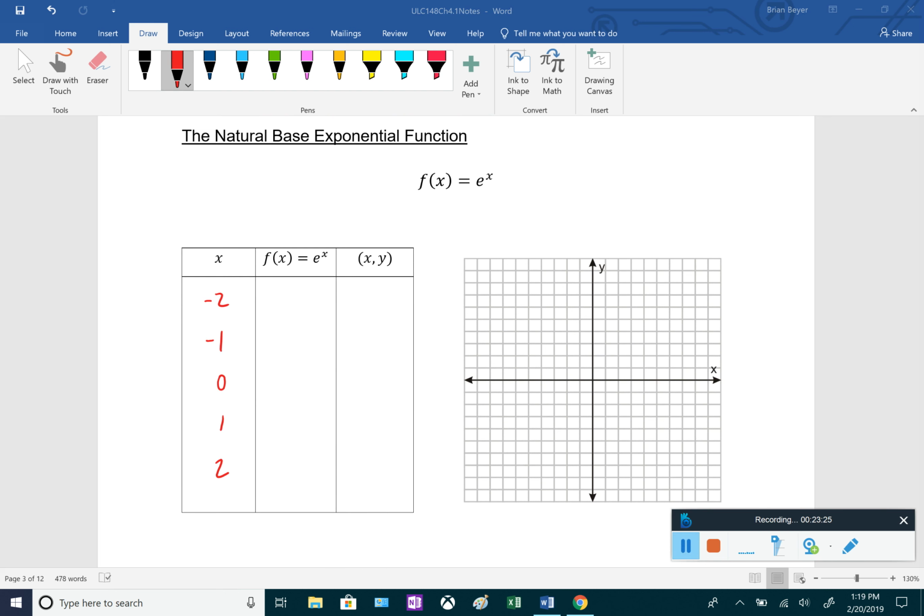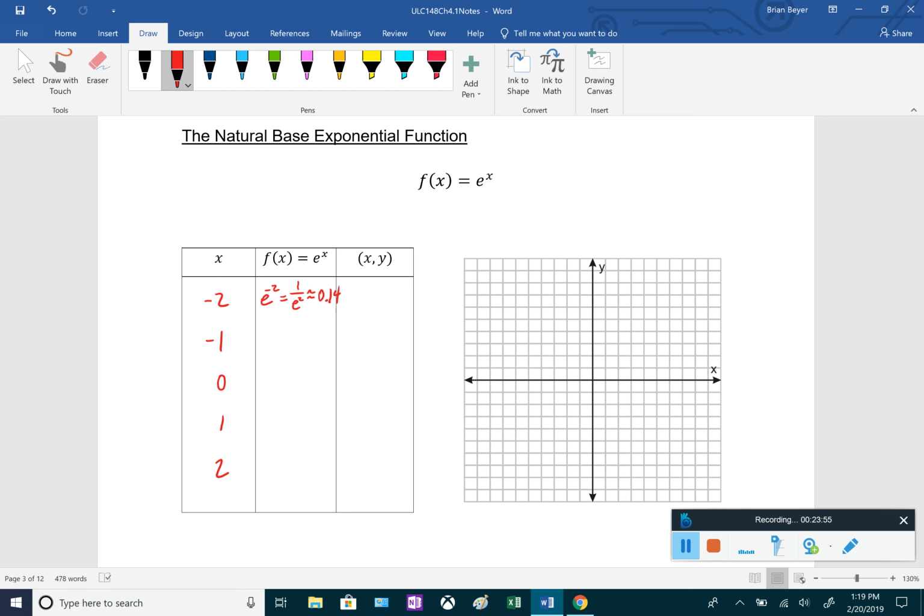I'm going to plug in numbers for x, -2, -1, 0, 1, and 2, and get out its y-coordinate and then graph it. So for -2, e raised to the -2 would be 1 over e squared, which is going to be about 0.14. I rounded that a little bit.